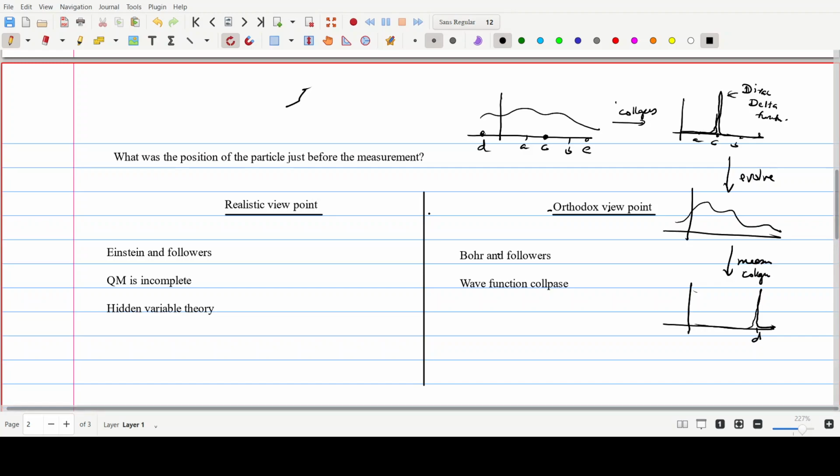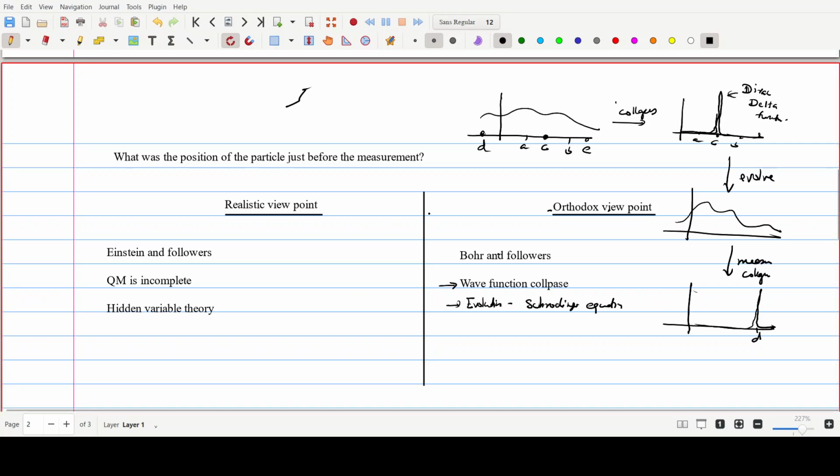So according to the orthodox viewpoint, there are two kinds of process. One is the evolution according to the Schrodinger equation. Between the measurements, the wave function will evolve according to the time dependent Schrodinger equation, and during the measurement, it will collapse.